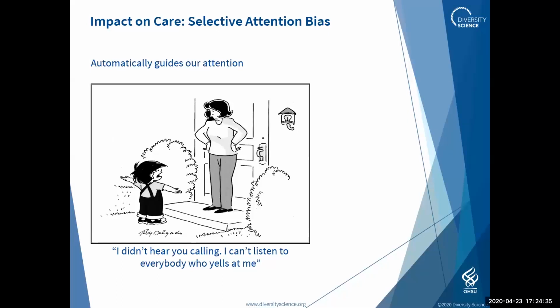So it automatically guides our attention. We will notice things that are consistent with automatically activated beliefs, and we won't notice things that are not. So when we meet someone and they are assigned to a group, we're more likely to notice things that are consistent with whatever the stereotype is than things that are not. And then we talk about it to others, thus confirming the stereotype.